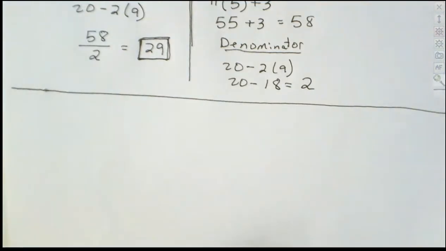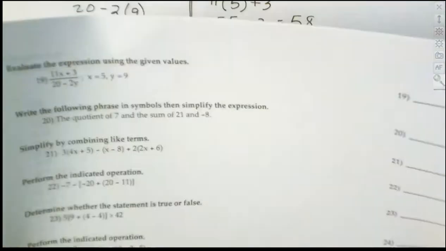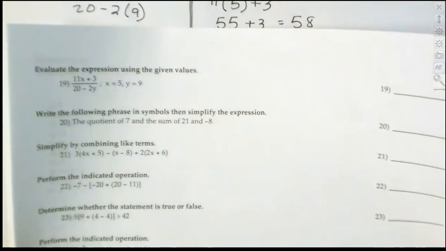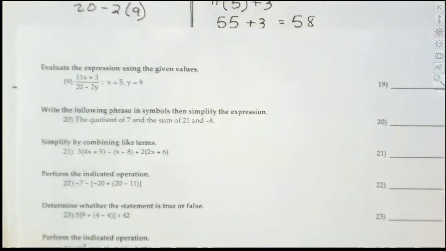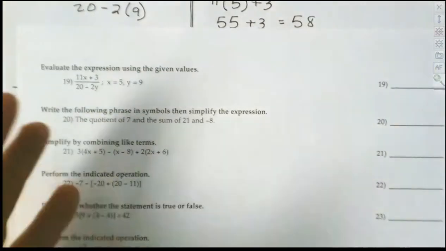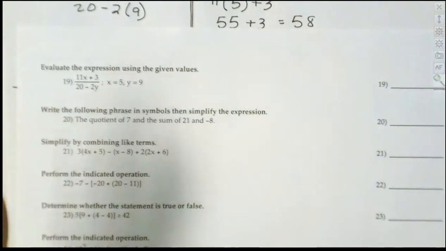Okay, question 20. For question 20, we need to turn this into an expression. So when we talk about expressions, do we have an equal sign with expressions? No. We have an equal sign with equations, not expressions.